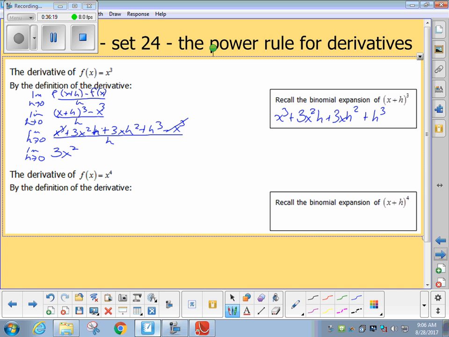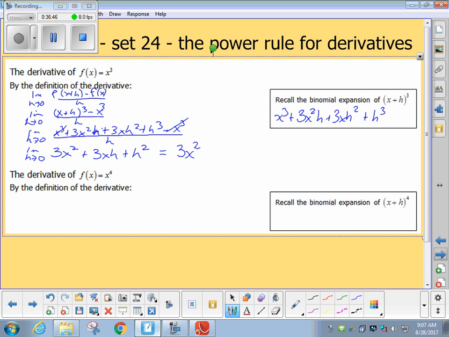The rest will still have an h or more. So that when you take the limit, at the end of the day, the only thing left standing is the second term of the expansion, and your derivative is 3x squared. You see?